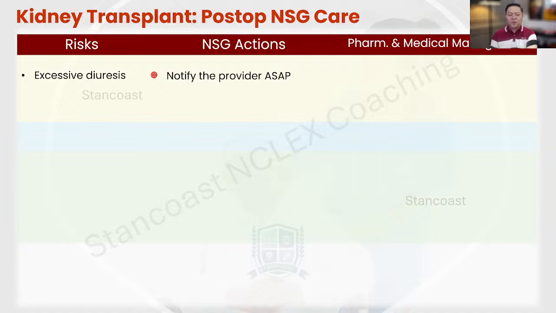However, though, the diuresis can be a problem. It can really cause hypovolemia. Again, this will require us to call the medical provider ASAP. All right? Because when there is uncontrolled hypovolemia and low blood pressure, it will also decrease the blood flow to the graft.